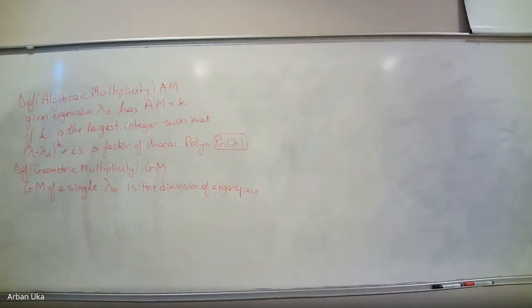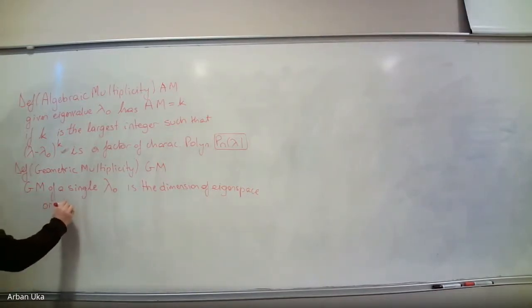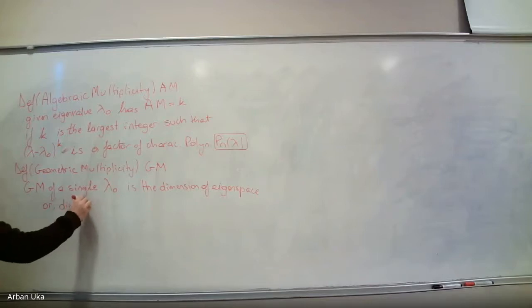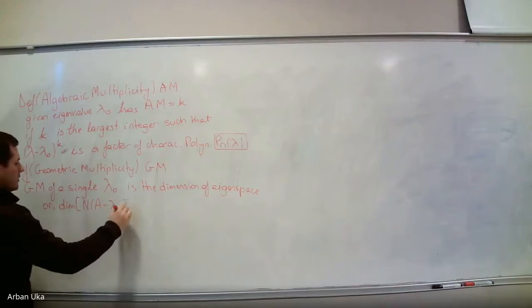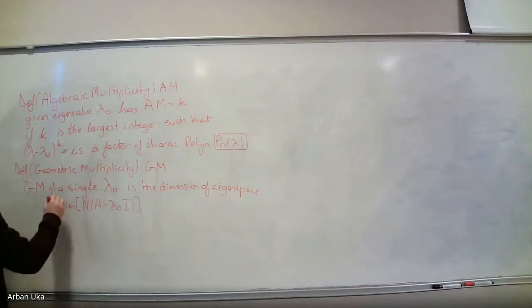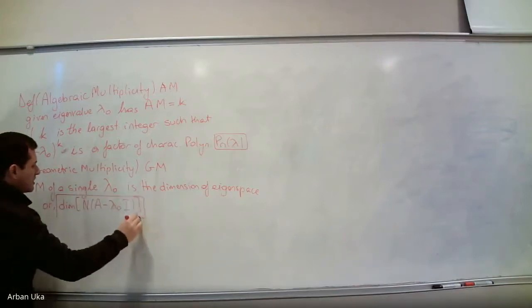Or we can say that this is the dimension of the null space of the matrix A minus lambda 0 I. This is the geometric multiplicity.